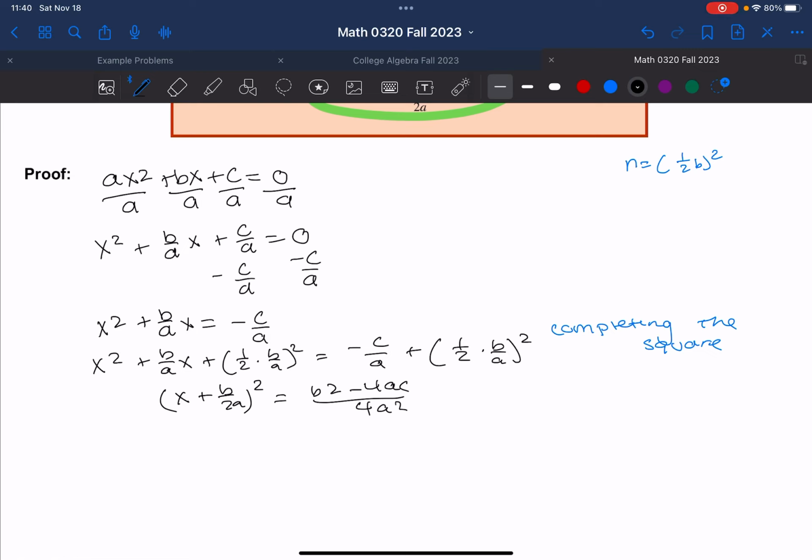Notice how that b squared minus 4ac, that's starting to look somewhat like our formula.